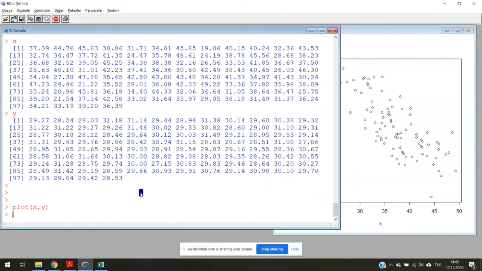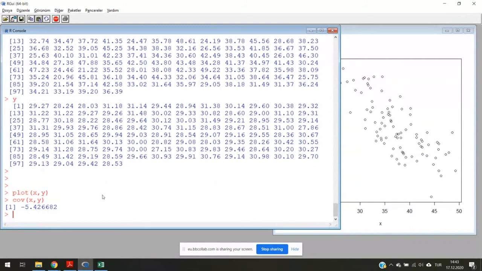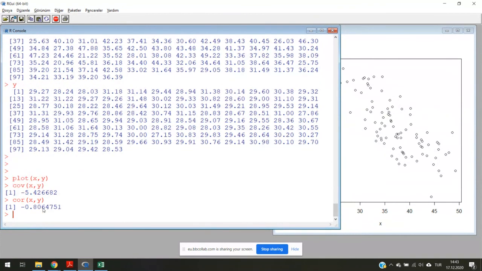However, it is a good idea to indicate the type of the relationship by looking at the covariance between these two values. There seems to be a negative relationship. However, the strength of this relationship can only be observed by correlation, and the correlation value is negative and significantly close to 1, not very, very close, but significantly close. 0.8 is actually a close value.